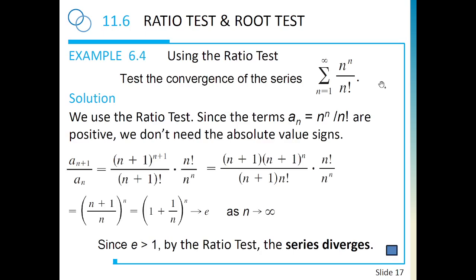Here is an example of a mixture of factorial, and here is n to power n. So this situation is complicated a little bit, because with n to power n, you could say, oh, let me use the root test. Fine, but then you will need to compute the nth root of n factorial.